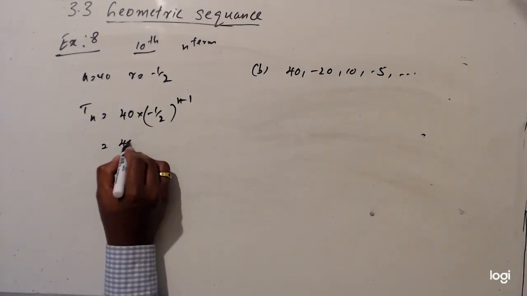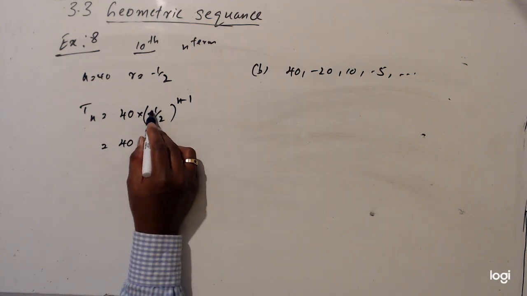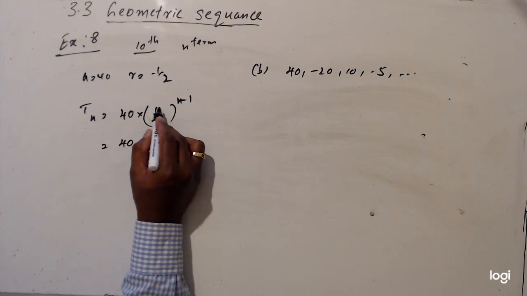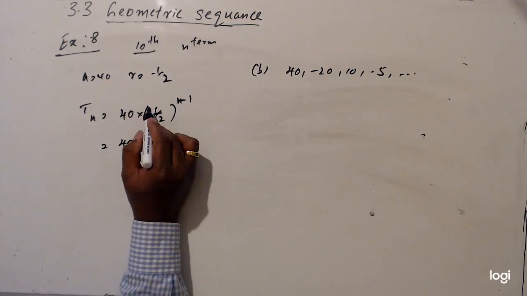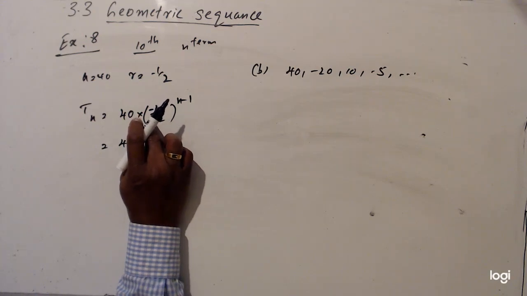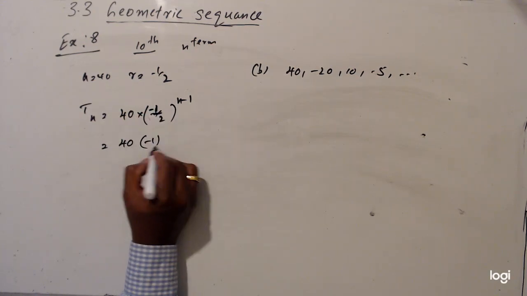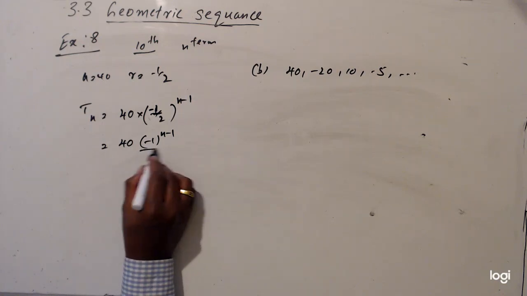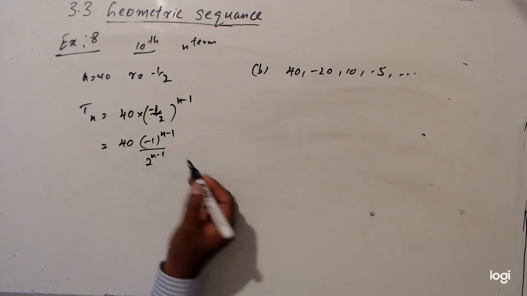So 40, and you can bring this minus 1 to the denominator or the numerator if you want, but it is easy to work with minus 1, so I will leave it as it is. So minus 1 to the power n minus 1, divided by 2 to the power n minus 1.